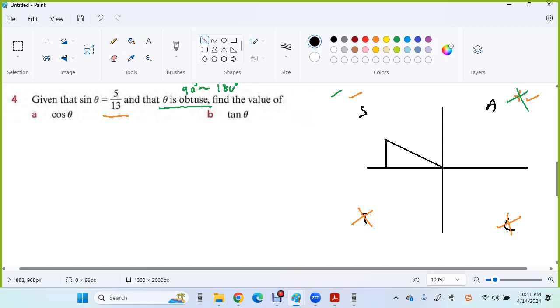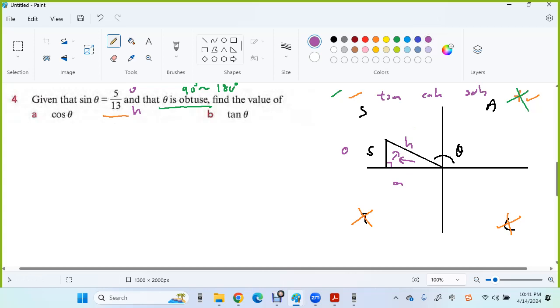Okay, so we have the sine here, so the opposite here is 5. So we know that theta is here, and then we have the opposite, hypotenuse, and adjacent.